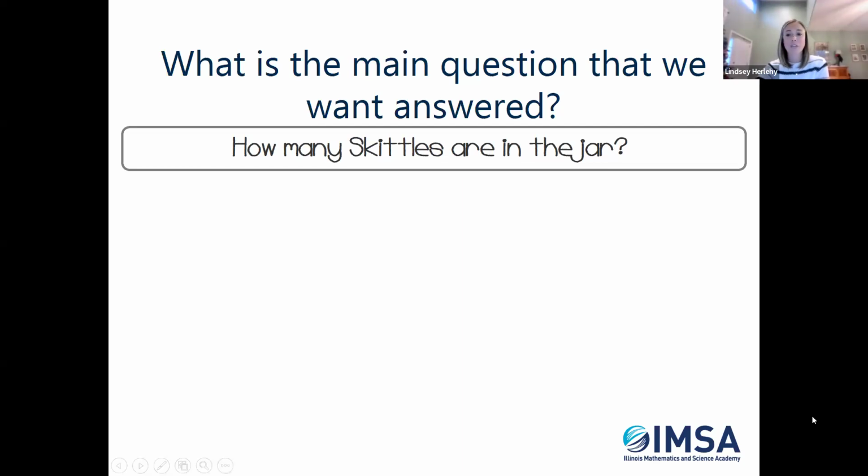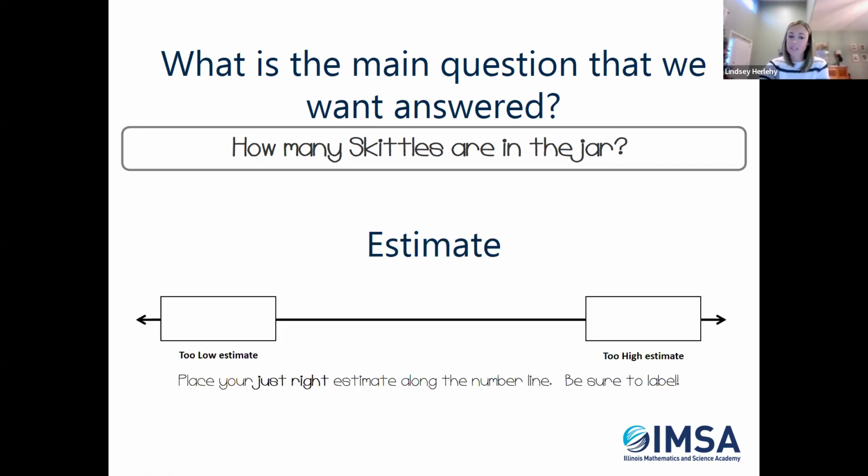Looking at that problem. Now, before we do that, we're going to make some estimations because estimations are cheap and easy. Anyone can make an estimation, all right? But before I just guess a number, I'm going to be smart about it. So take a look at this number line that I have. I'm interested in seeing your estimate. I want to know a too low estimate, meaning a number that is too low.